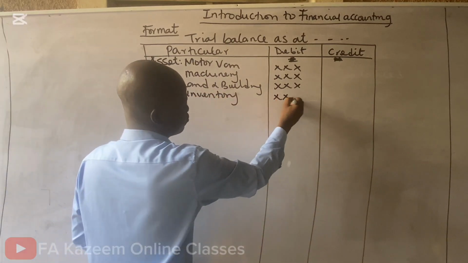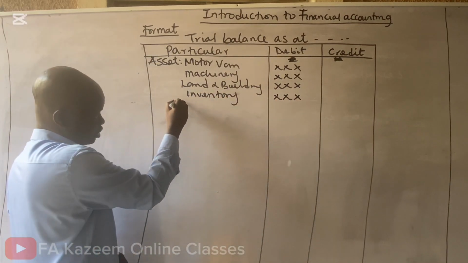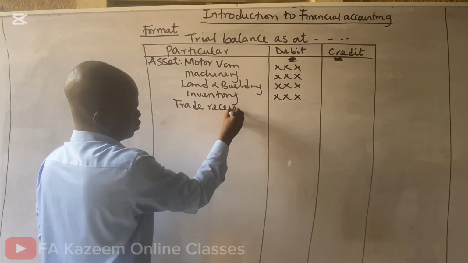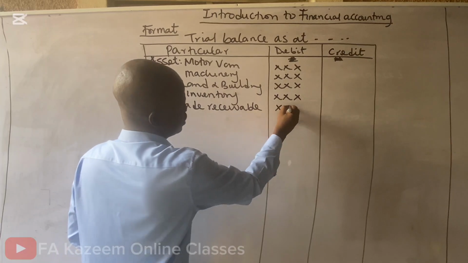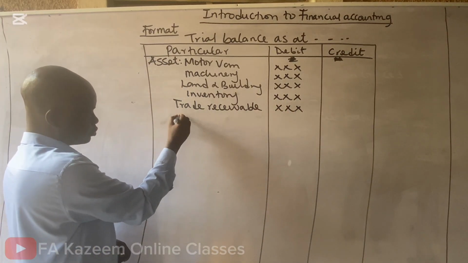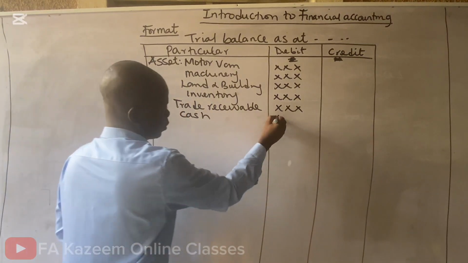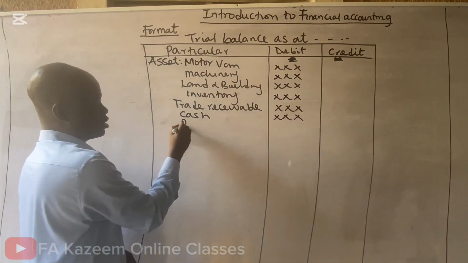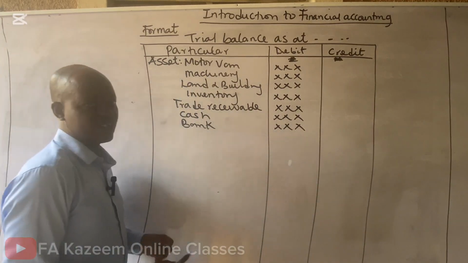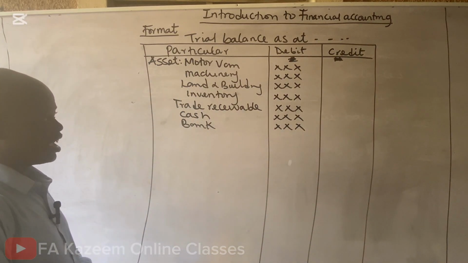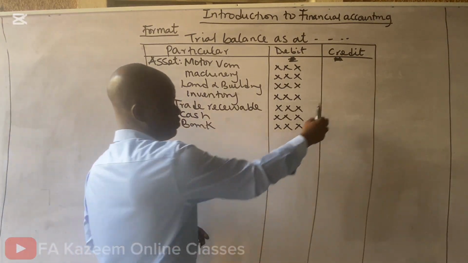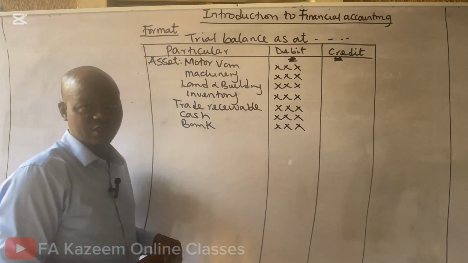They will all be extracted on the debit side, like trade receivable. All these assets will be extracted on the debit side, like cash, like bank. All these assets will be extracted on the debit side. Anything that makes you extract an asset from a ledger to trial balance and it falls on the credit side, it shows you are wrong.